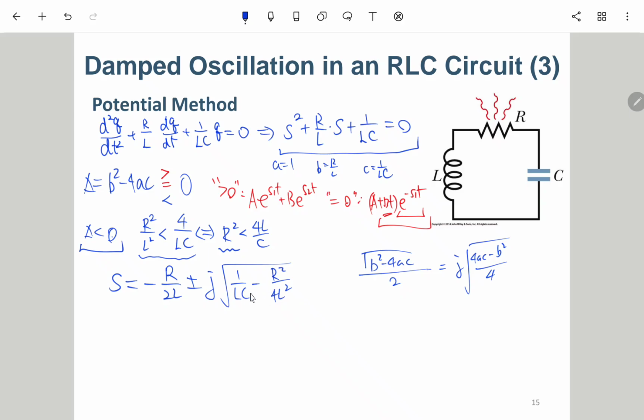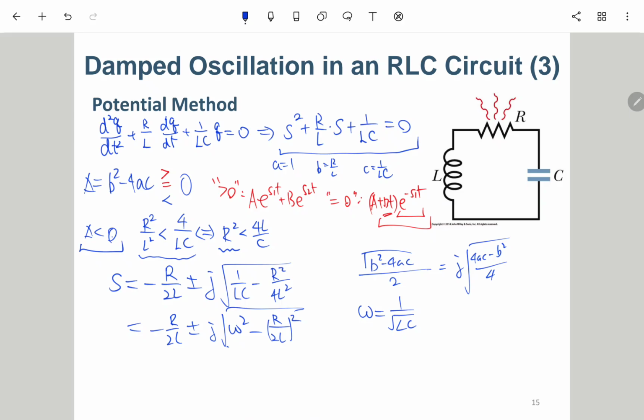Here we can still assume omega is 1 over the square root of LC, or omega squared equals 1 over LC. So it becomes negative R over 2L plus or minus j times the square root of omega squared minus the quantity R over 2L squared.